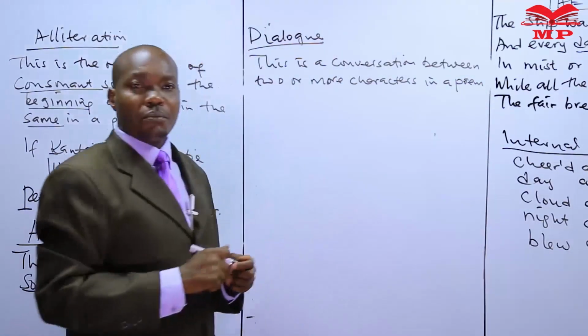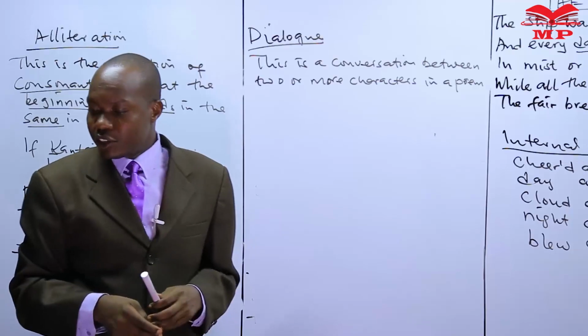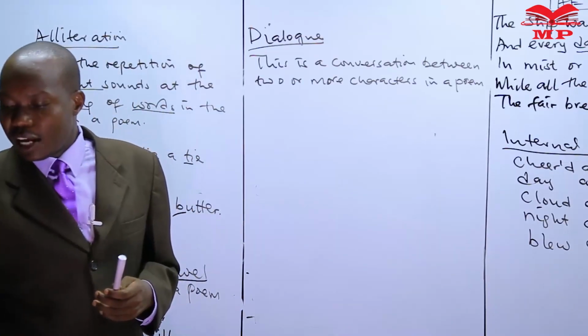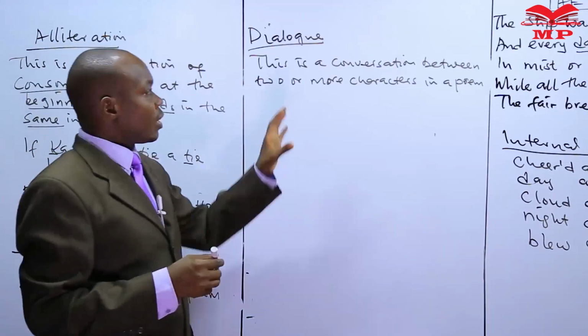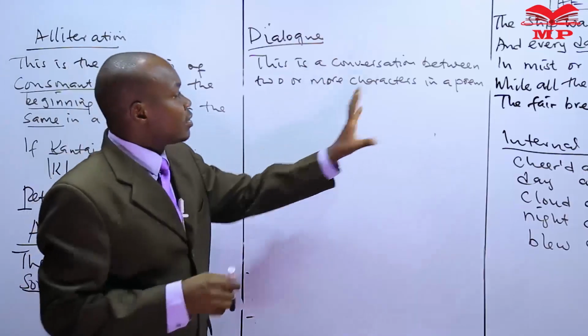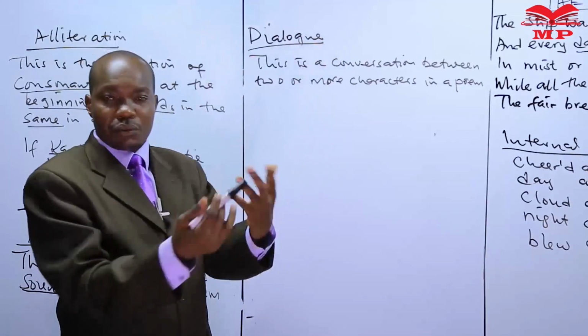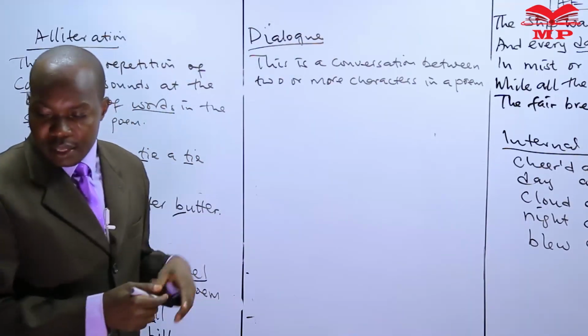So, in a poem, if you find two or more characters speaking, we call that dialogue. As long as you have two or more characters speaking, conversing, we call that dialogue.